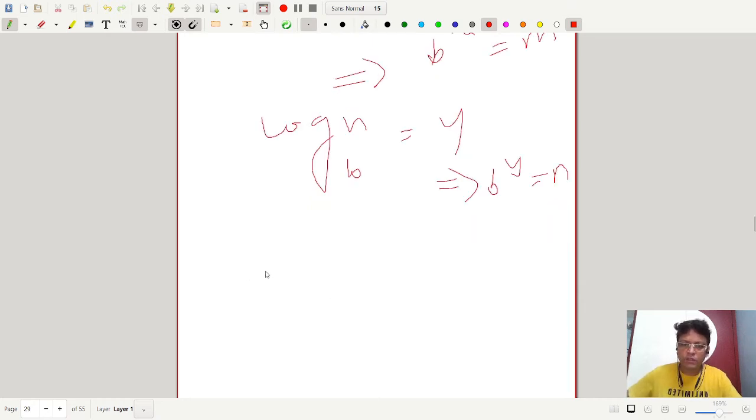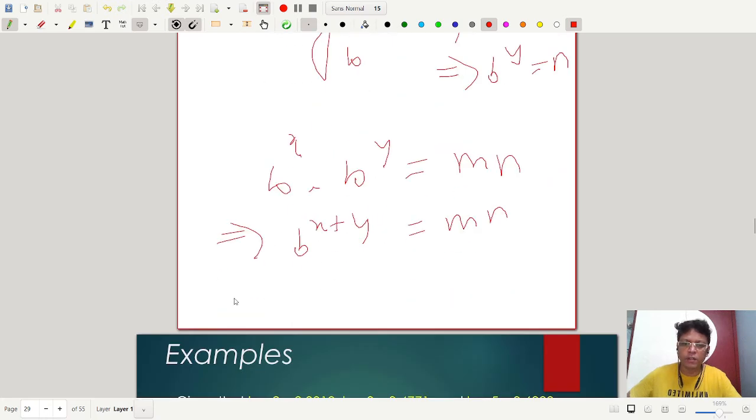So b to the power x into b to the power y equals mn, right? And b to the power x plus y equals mn. Got it? Now from here, using the definition of log, you can write log mn base b.